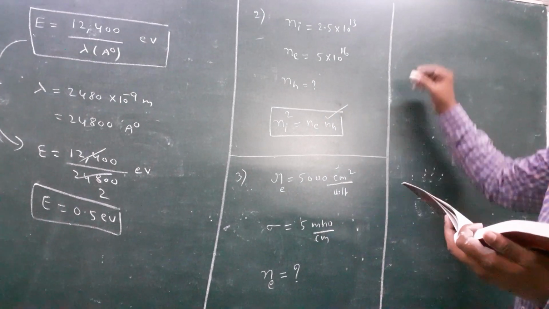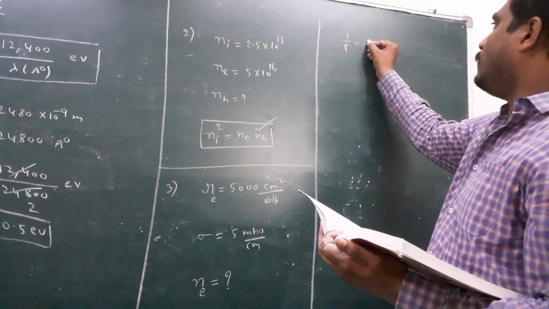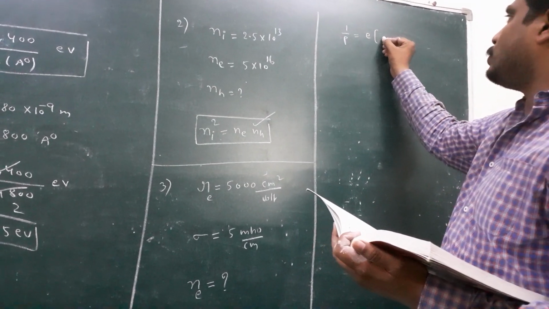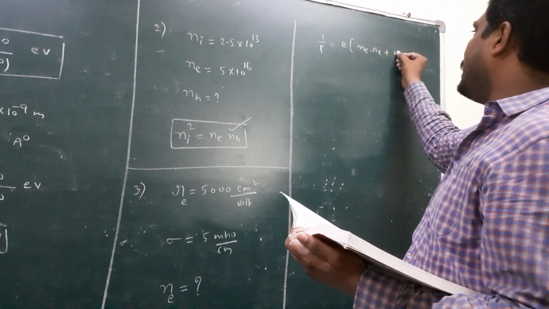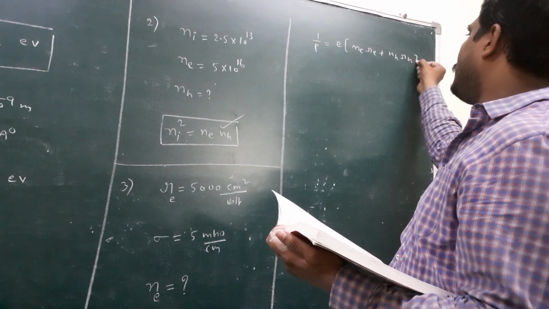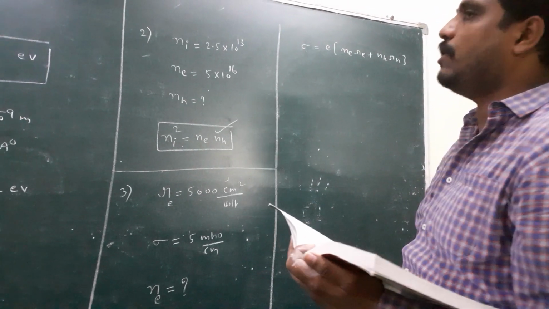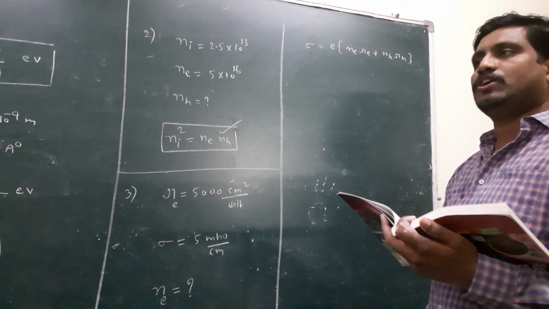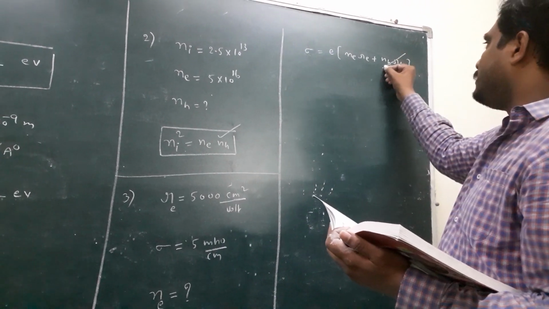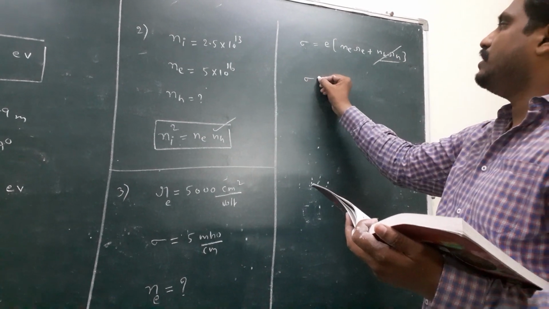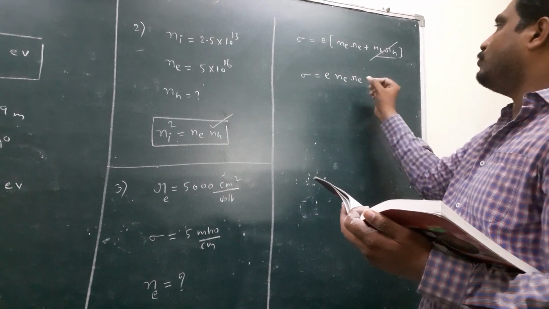We know the formula already given: 1 by rho equal to e into (Ne mu e plus NH mu h). 1 by rho is nothing but sigma, the conductivity. Here holes are negligible, so that cannot be considered. Sigma equal to e into Ne into mu e.